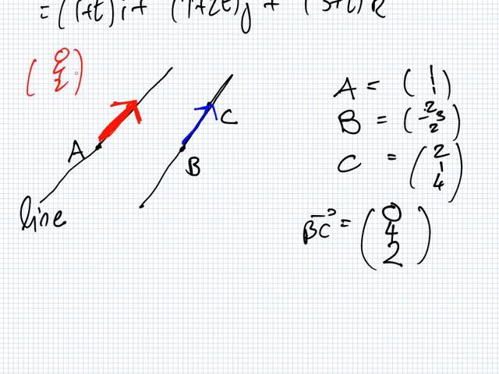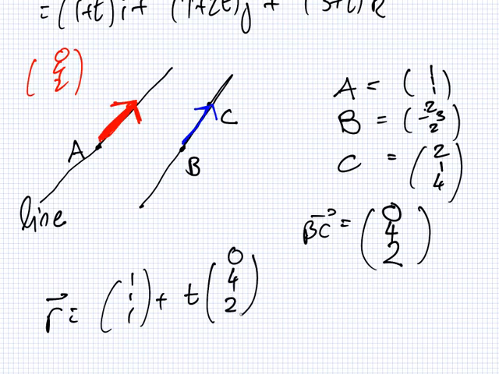So once again, you just use your formula, r equals A, 1, 1, 1, plus t, not AB because B is a different letter here, but like the AB part, 0, 4, 2. So the answer is r equals 1, 1 plus 4t, and 1 plus 2t.